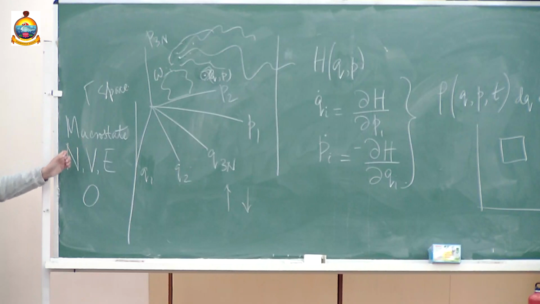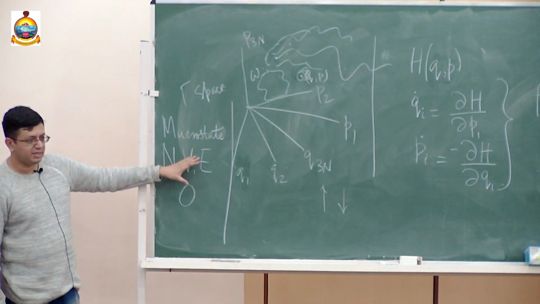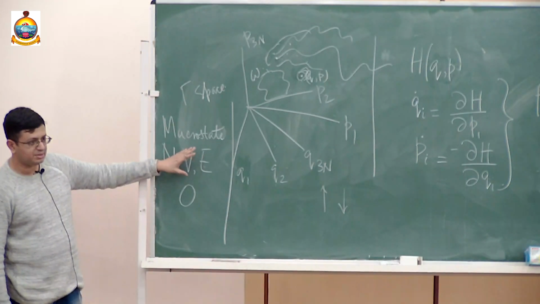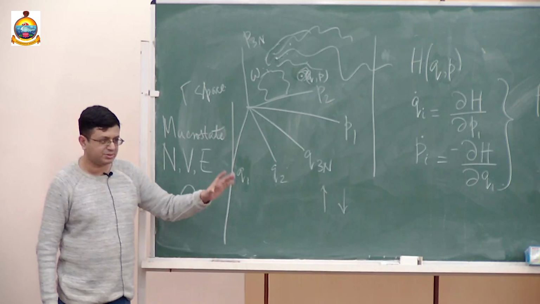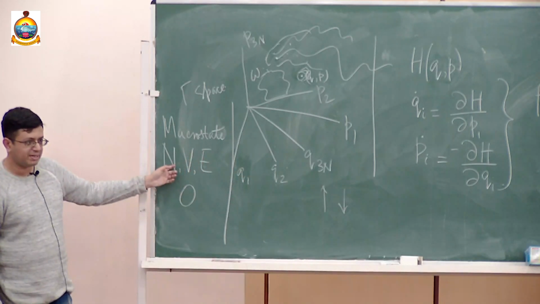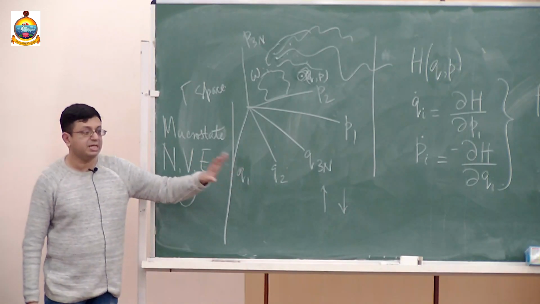But at the level of macrostate, I have told you the number of particles and V and E. These are measurable quantities, and these I have specified, and once I have specified these numbers, then you can list down all possible microstates consistent with this given macrostate, and that number doesn't change.